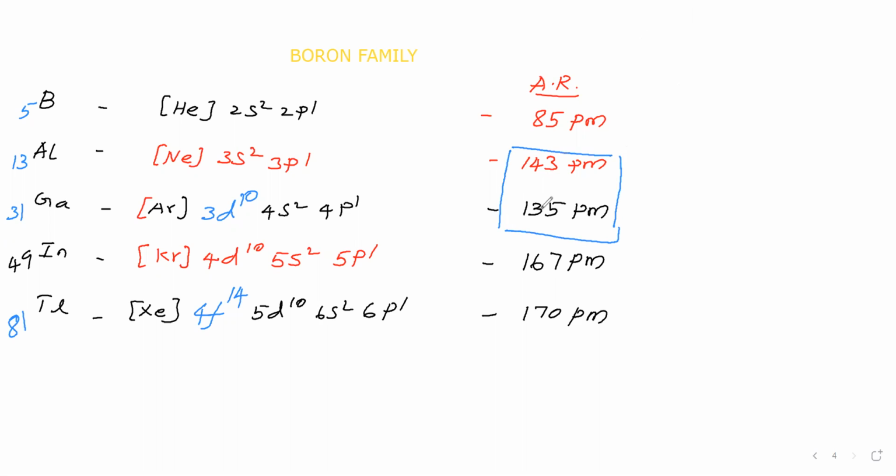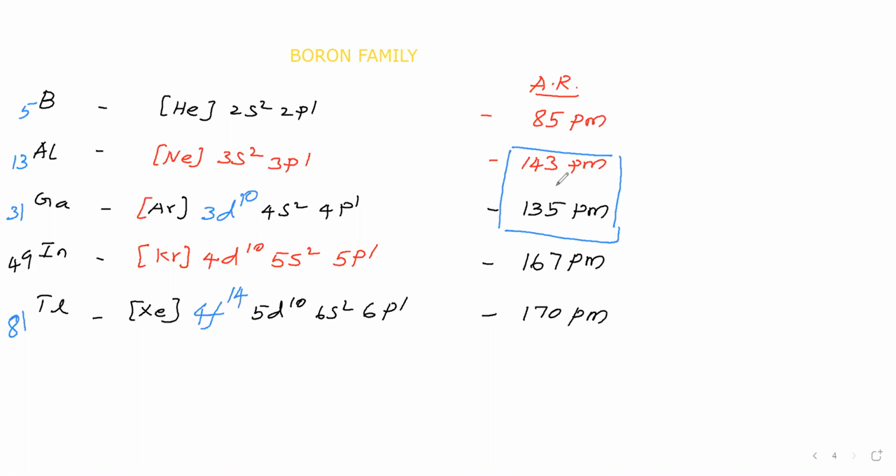But from aluminium to gallium, atomic radius is showing exceptional behavior. What happens here? It is decreasing. Why does it decrease? Is there any factor?